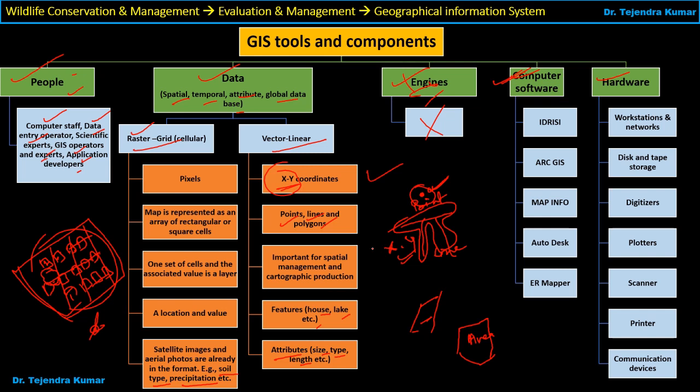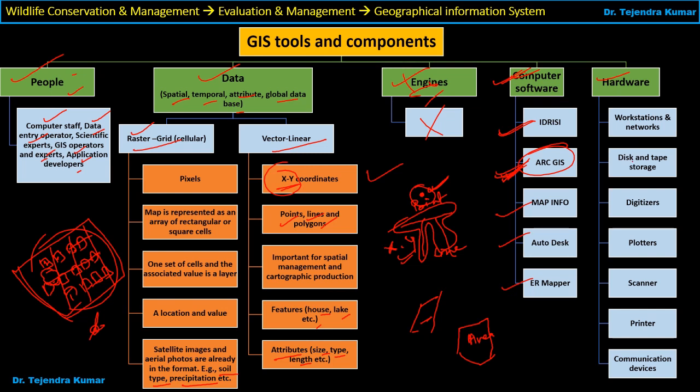Now let's see the computer software. There are many software packages, and the important ones are here: IDRISI, ArcGIS, MapInfo, Autodesk, ERMapper. ArcGIS is the most important, which is used nowadays. Although all are used, ArcGIS is a very powerful tool.